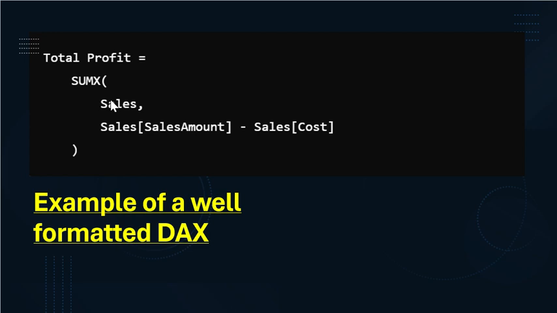The best practice of creating DAX is consistent indentation. When we indent our code, it reflects its structure, and this makes it easier to see the logic and flow of our calculation.